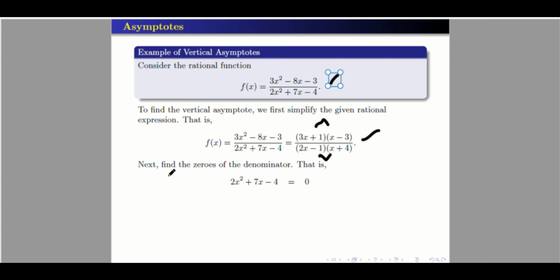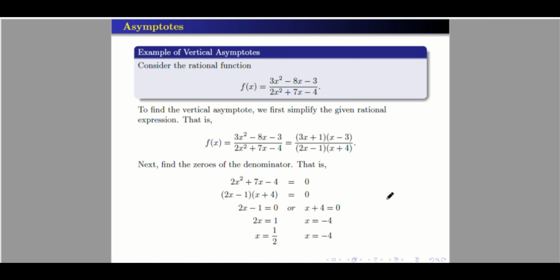So we need to proceed to the next step, find the zeros of the denominator. We already factored the denominator, and then we have 2x minus 1 equals 0 or x plus 4 equals 0. To solve for x, we have x equals 1/2 or x equals negative 4.